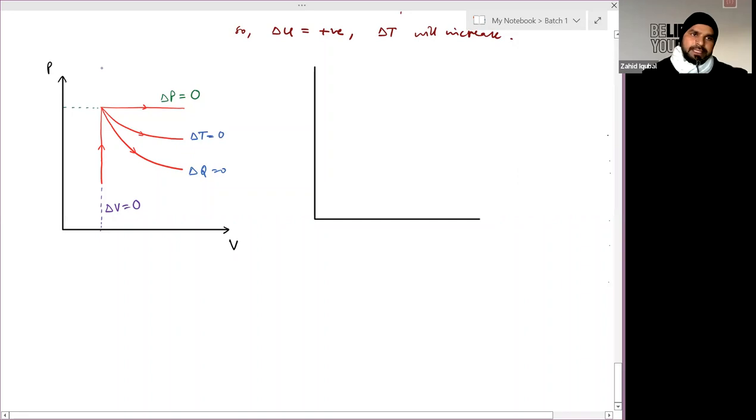Steepness means the inclination of that curve with respect to the x-axis. To define steepness, draw a tangent to this point, and similarly a tangent to this point. For this line its inclination will be up to this part, and for this line its inclination will be to this part. So we can say adiabatic is steeper compared to isothermal. Is it clear?